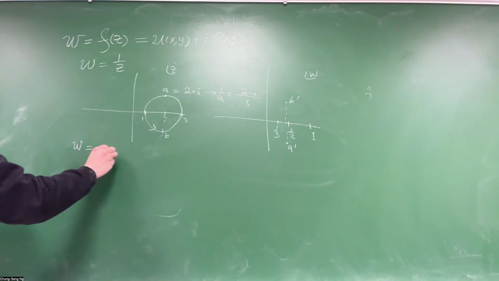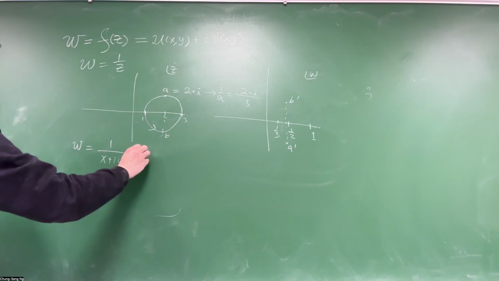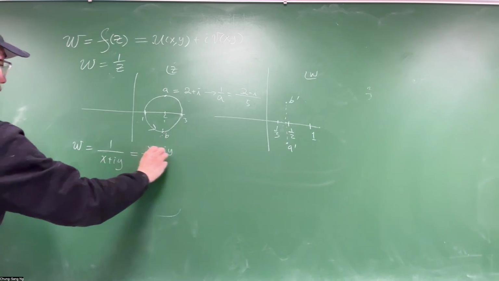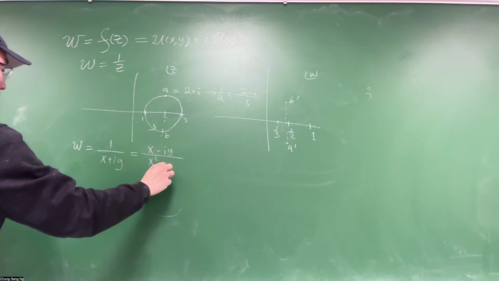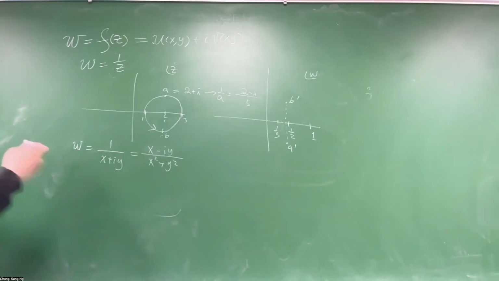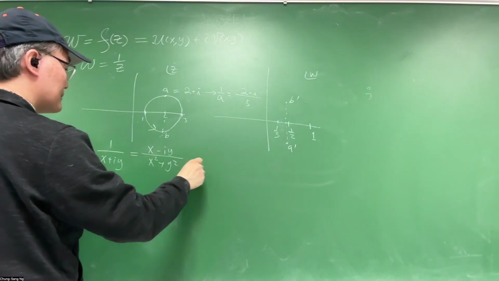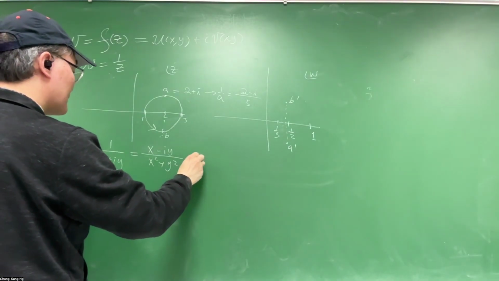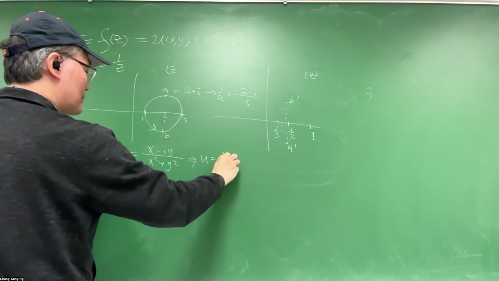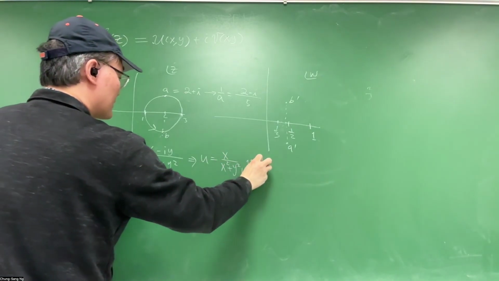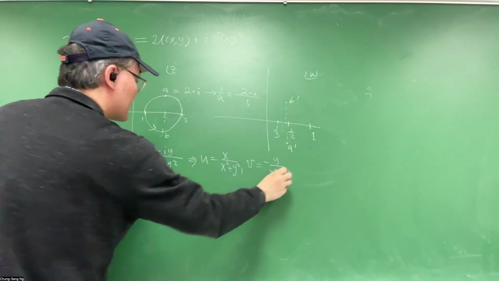W is x plus i y, so 1 over x plus i y is x minus i y over x squared plus y squared. So u is x over x squared plus y squared, and v is minus y over x squared plus y squared.